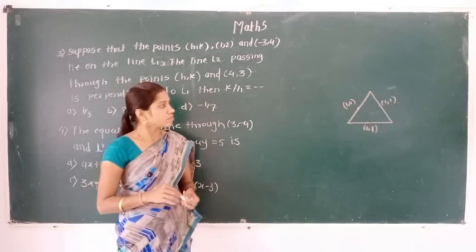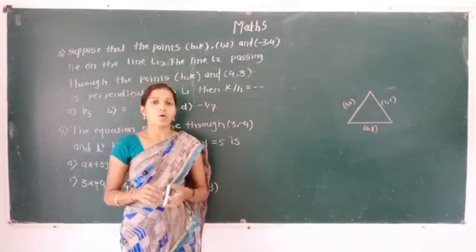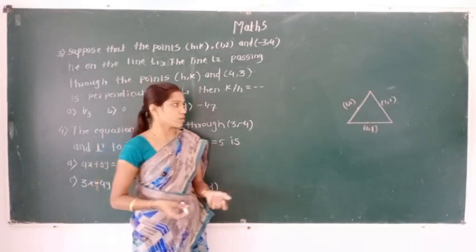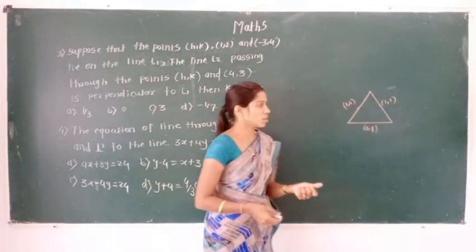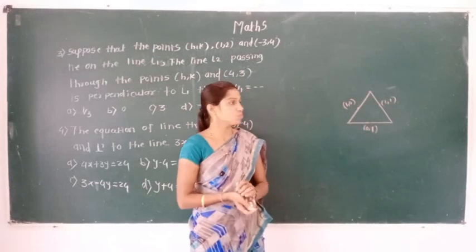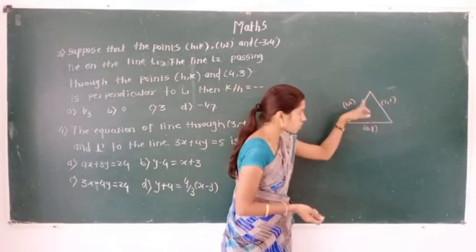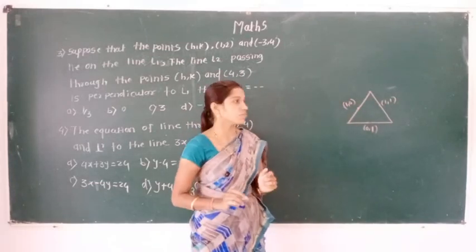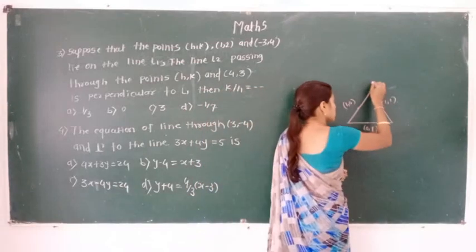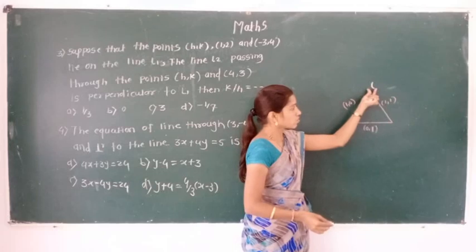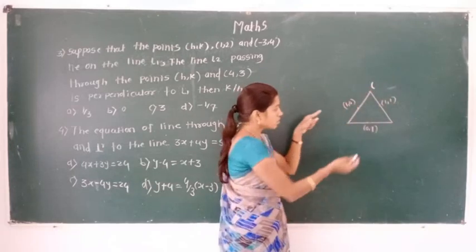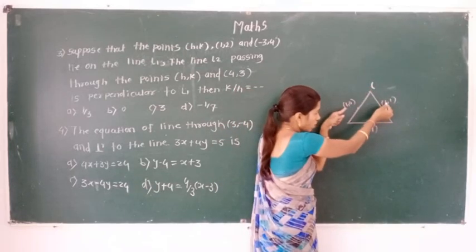Now let's see, without plotting the graph, how to find the vertices of this triangle. Let's see, the midpoints of all sides of this triangle are given. So for finding the vertex coordinate, take a sum of these two x coordinates.